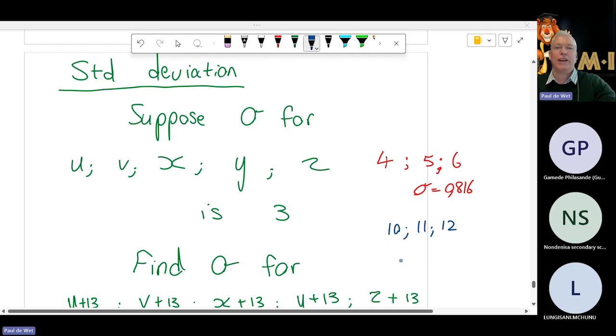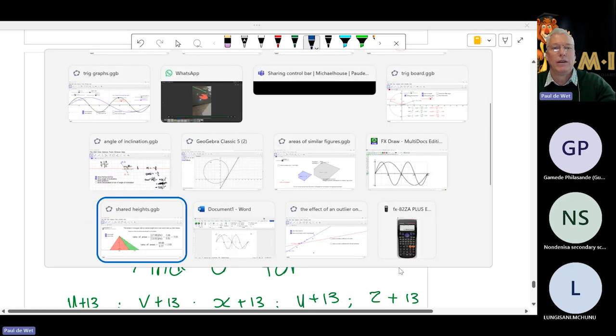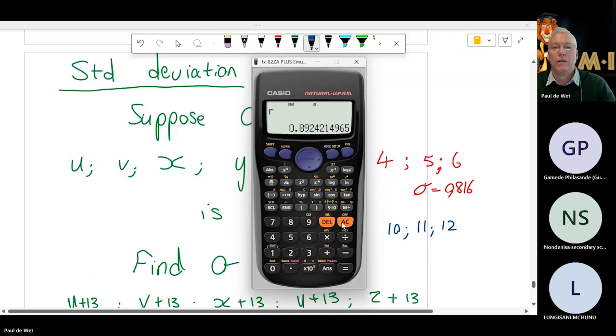Let's work out the standard deviation of that and see what it is. Mode 3, mode 2, 1, then 10, 11, 12.